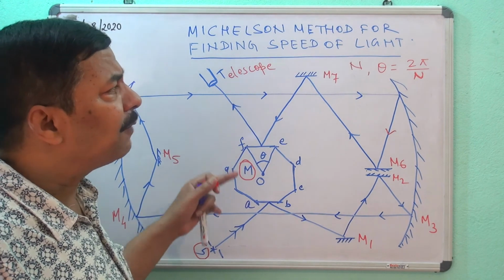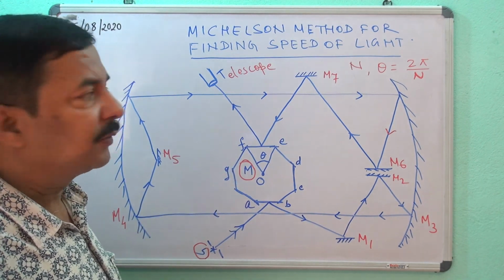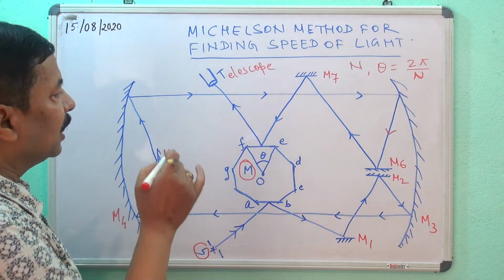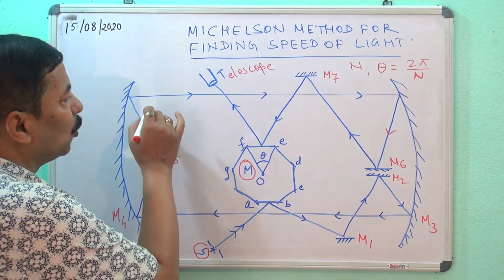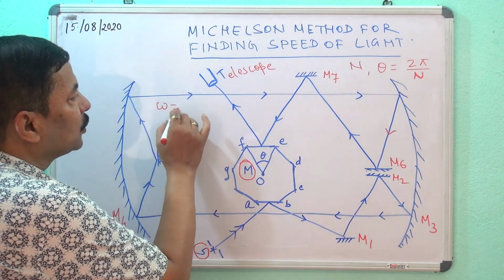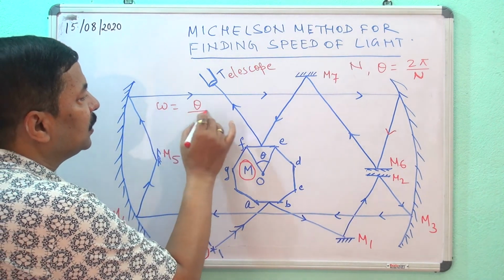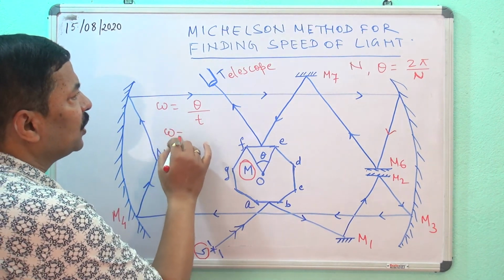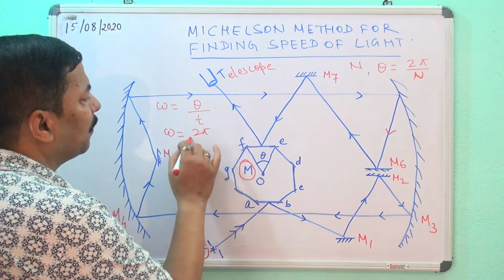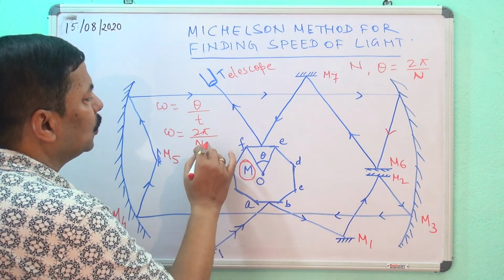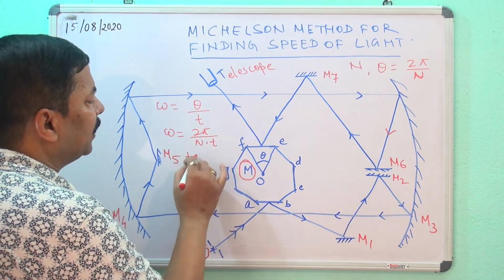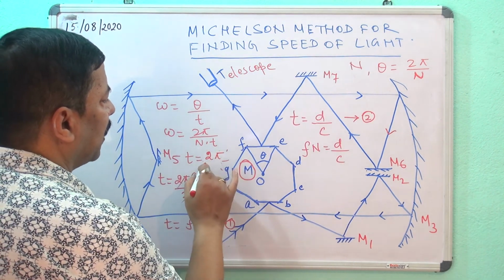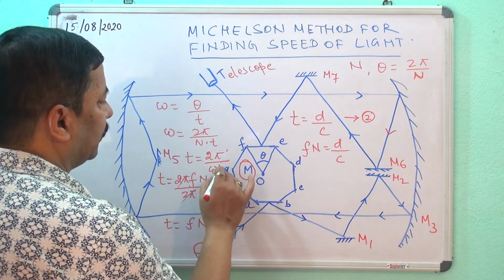If the specific value of angular speed is omega, then omega is equal to theta by t. That means omega is equal to 2 pi by n into t. So we get t is equal to 2 pi by omega n.